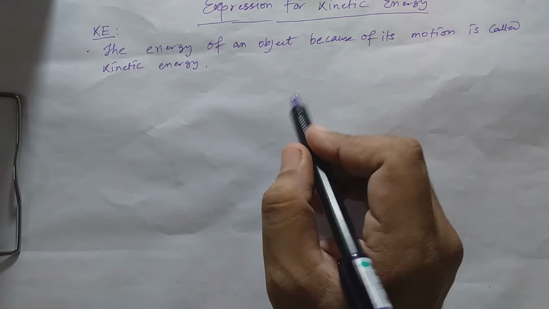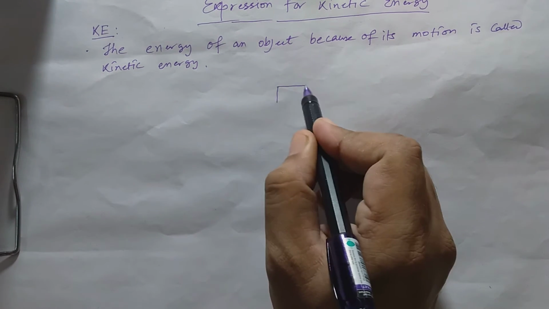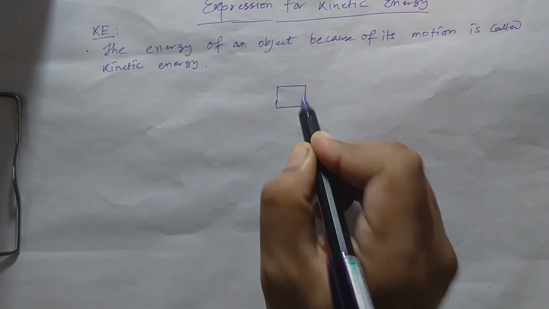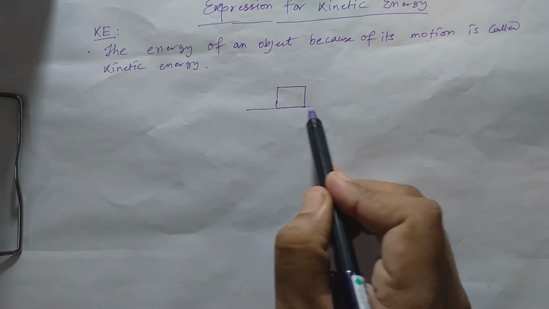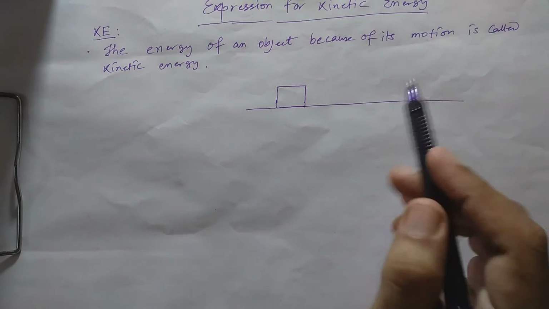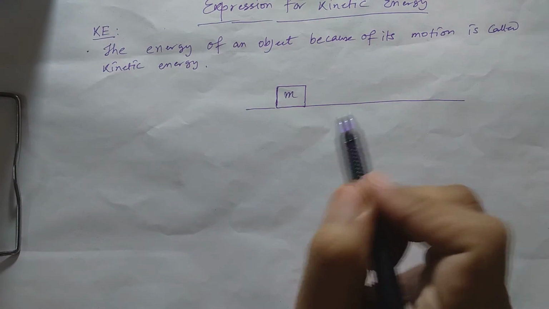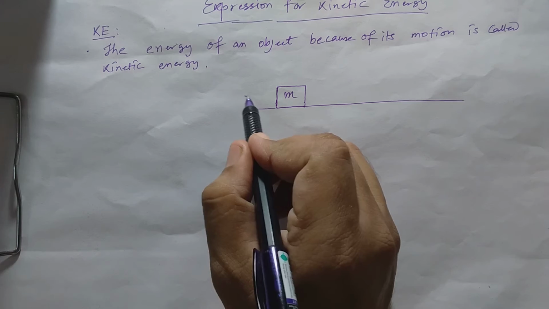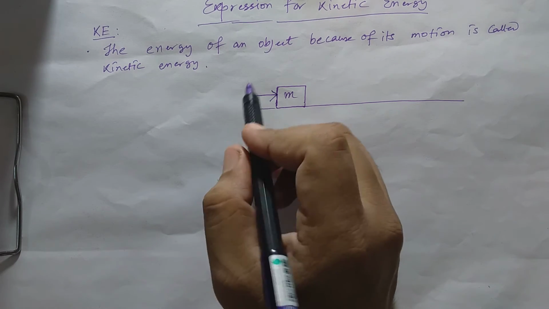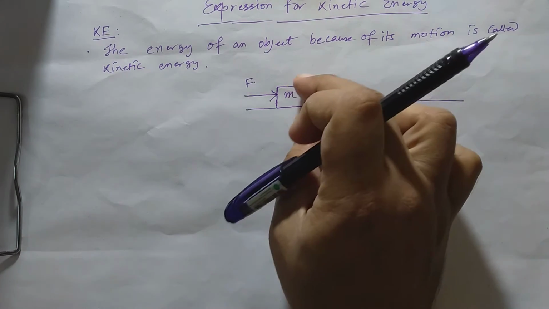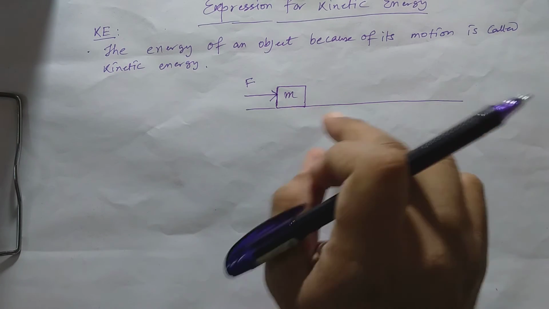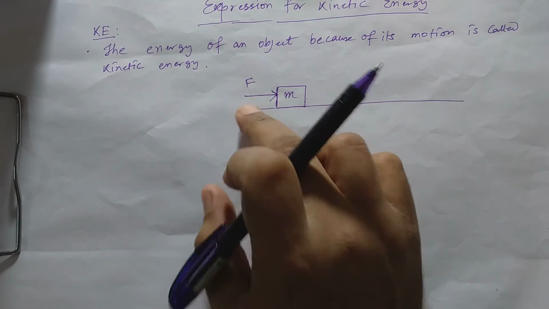Think about an object here. The object is placed on a table, and the mass of the object is m. When we apply a force in this direction, the object will be displaced, and we say work is done by this force.